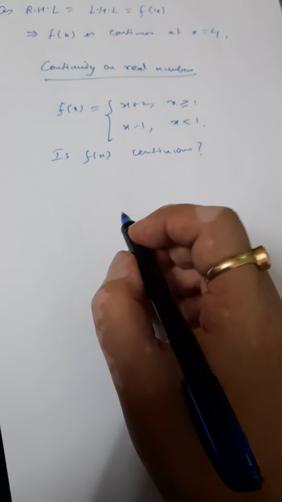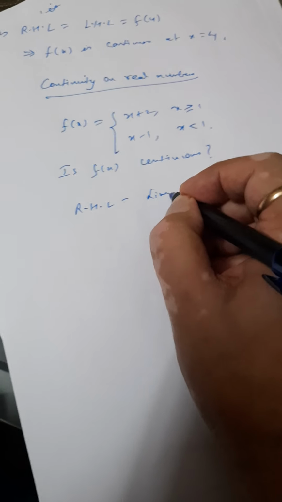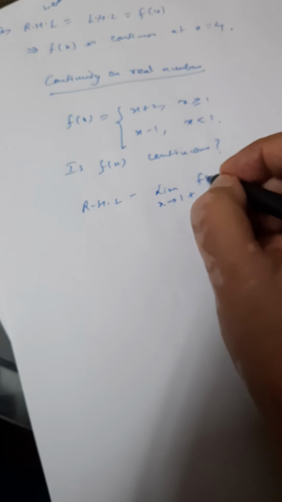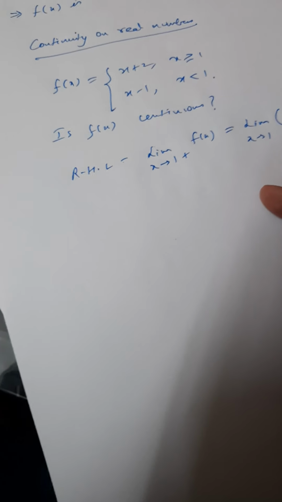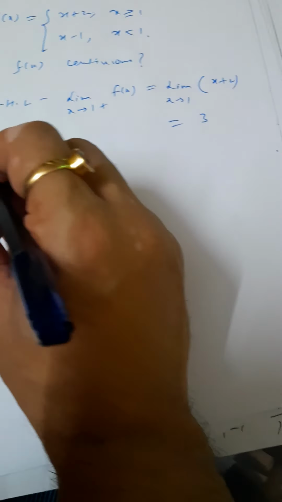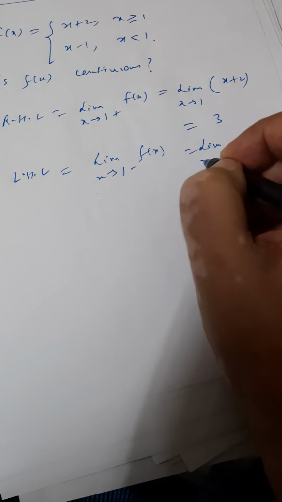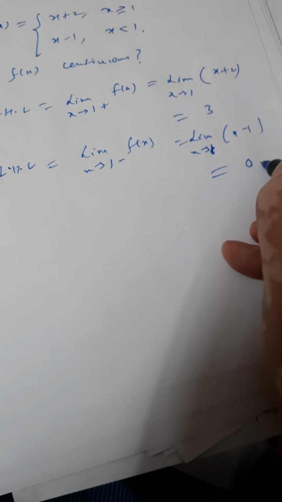The right hand limit is limit x tends to 1 plus f(x), this is limit x tends to 1 of x plus 2, that's 3. The left hand limit is limit x tends to 1 minus f(x), this is limit x tends to 1 of x minus 1, that's 0.